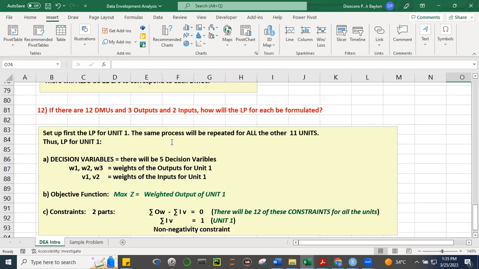Okay, then for the objective function, we will maximize the weighted output of unit number 1. And then for the constraints, there will be two parts. The first part is that we have to impose that the weighted input of the unit being considered should be equal to 1.